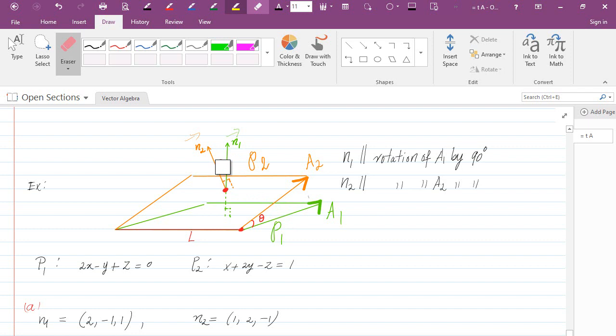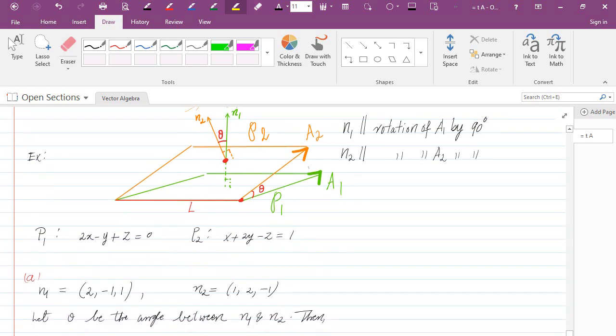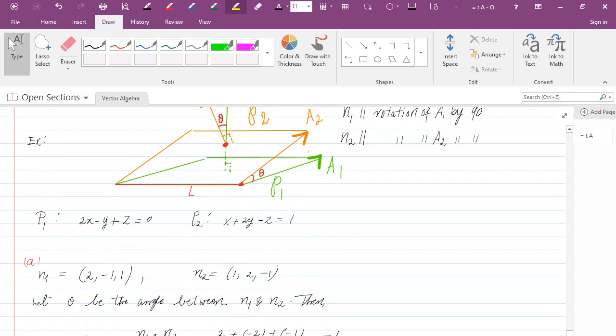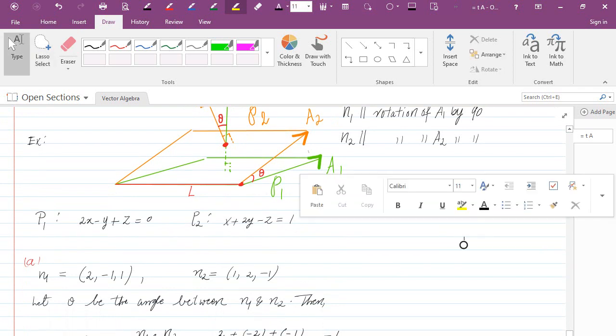So let's say that the equation of the plane P1 is 2x minus y plus z is equal to 0, and the equation of the plane P2 is x plus 2y minus z is equal to 1. Now, what would be a vector perpendicular to the plane P1?